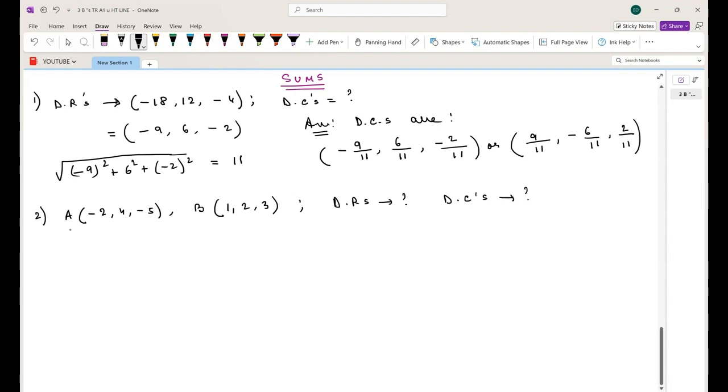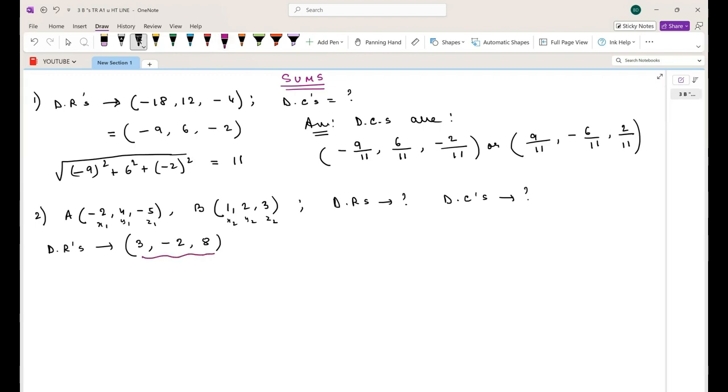According to the formula, the DRs will be, if you consider this as x1, y1, z1 and x2, y2, z2, 1 minus minus 2, so that will be 3, 2 minus 4, that is minus 2, 3 minus 2, that is 8. So these are the DRs. This is one set of answer.